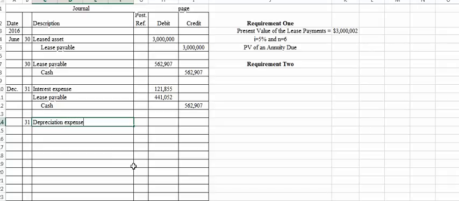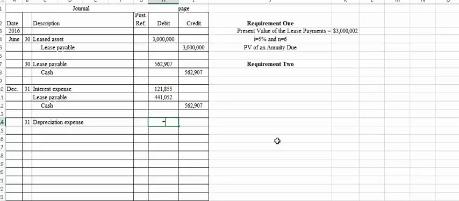The way we can know that this one is a capital lease is the present value of the minimum lease payments is $3 million. That's also the fair value of the leased property, and this number would only have to be 90% or more of the fair value of the leased property for it to be classified as a capital lease. So our company here, Georgia Atlantic, will depreciate the asset.